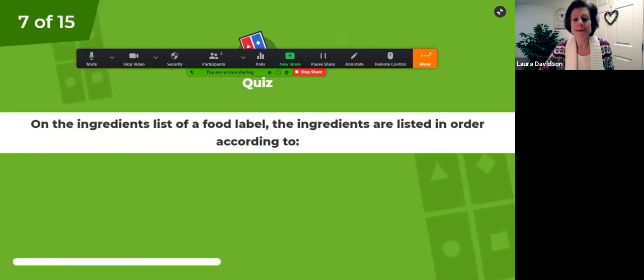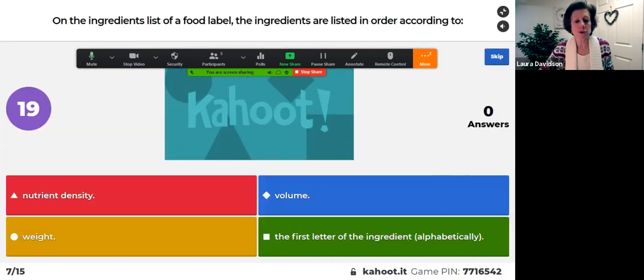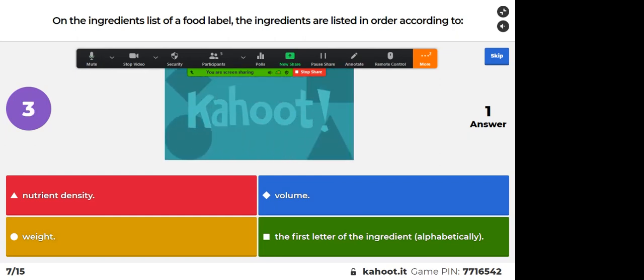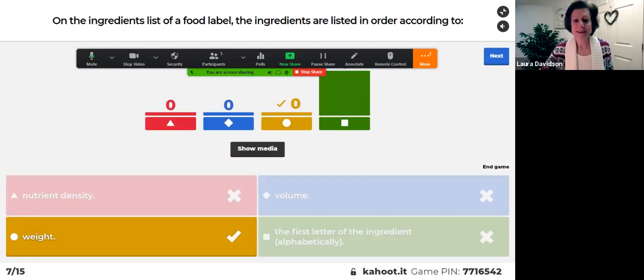Of the ingredients list of the food label, the ingredients are listed in order according to which of these things? Honestly, I don't know this one. So we said, very good.